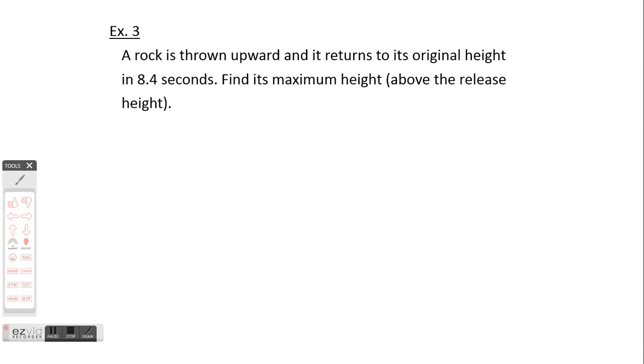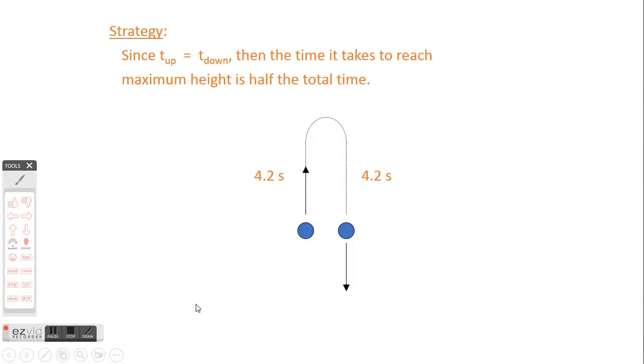All right. Now, one more thing I should talk about here, and that is a very important point. Time up is equal to time down, which means the time to reach the maximum height is half of the total time. This is one of the tricks we might have to use.